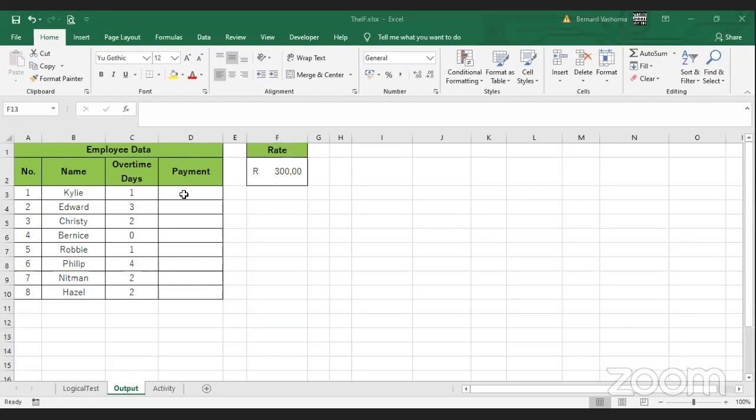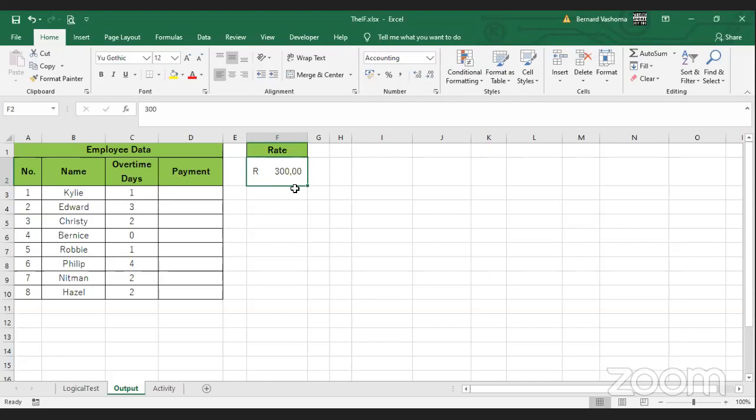All right, so here we have a situation, some employee data, right? And these guys worked some overtime, and somebody has to be paid if they work overtime, depending on the number of days. So here in F2 we have a rate, to say if somebody worked overtime, the number of days that they worked should be multiplied by the rate here in F2 to get how much they're supposed to be paid.